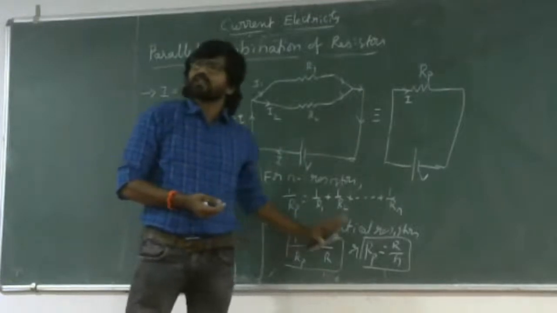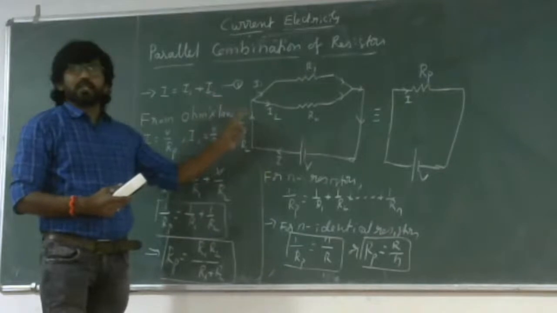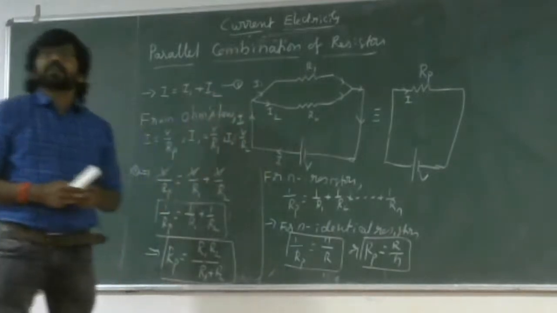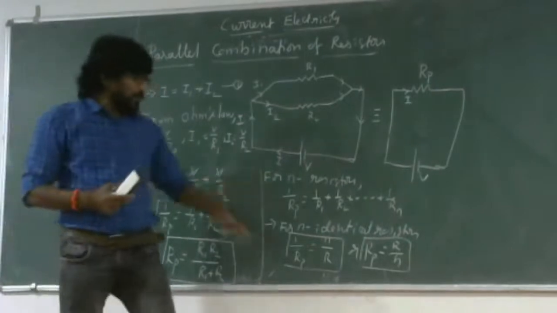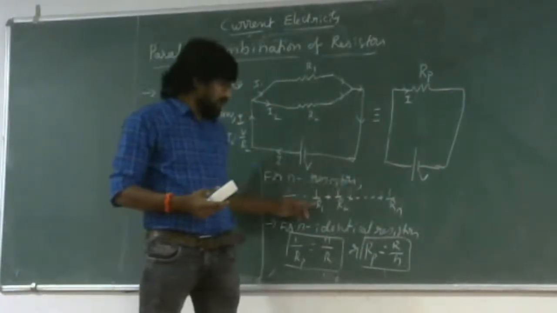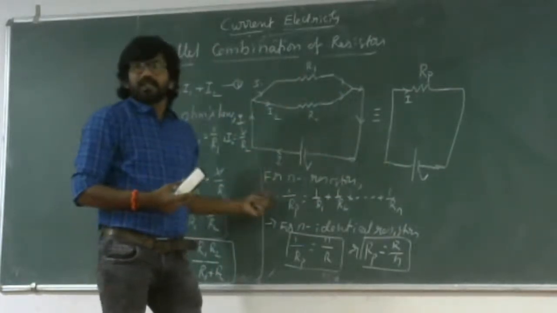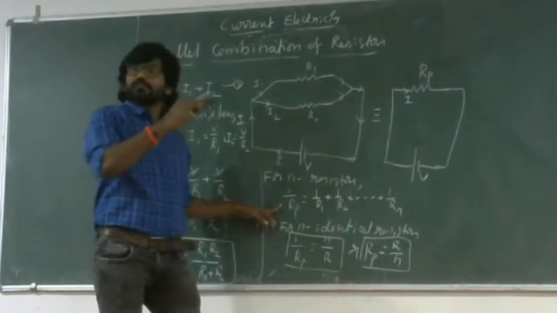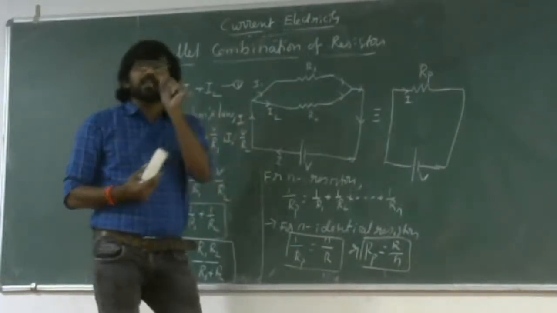Is it clear? This gives the effective resistance of parallel combination of resistors. Here you can observe that 1 by Rp is the sum of reciprocals of individual resistances. The effective resistance Rp of a parallel combination should be less than the least one.